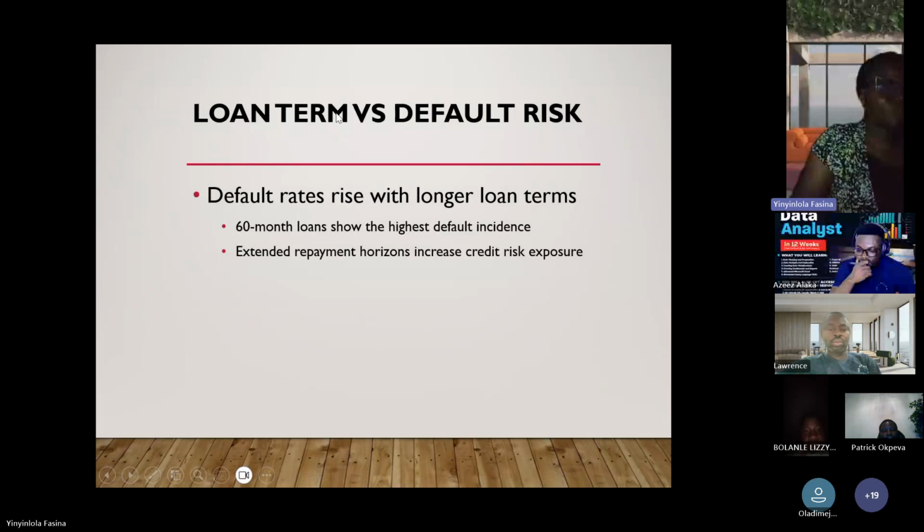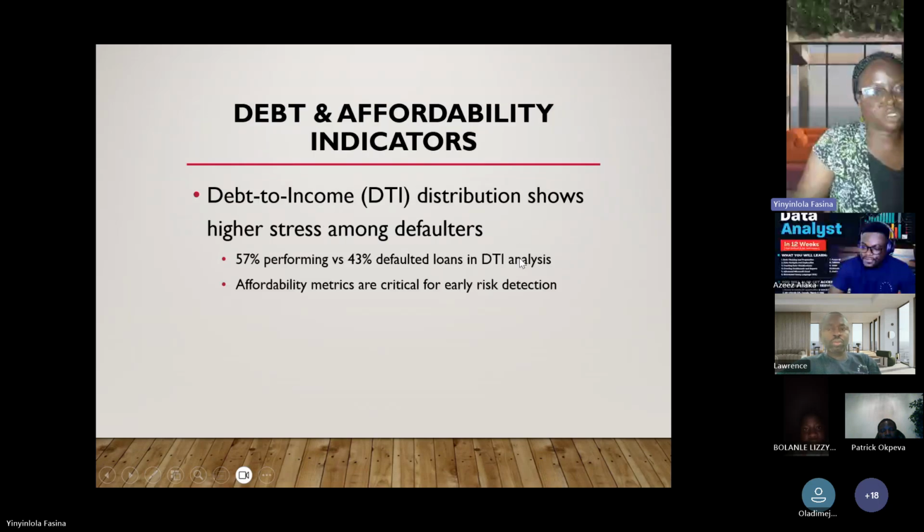From the dashboard, we have the loan term versus the default risk. The default rate rises with longer loan terms. 60-month loans show the highest default incidence, and extended repayment horizons increase credit risk exposure.